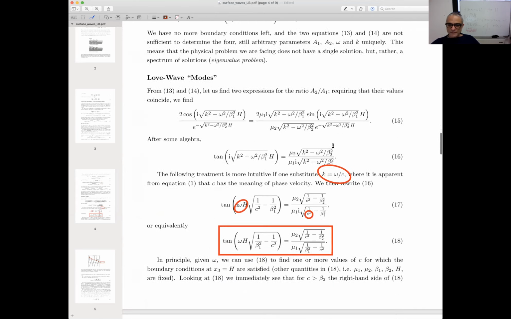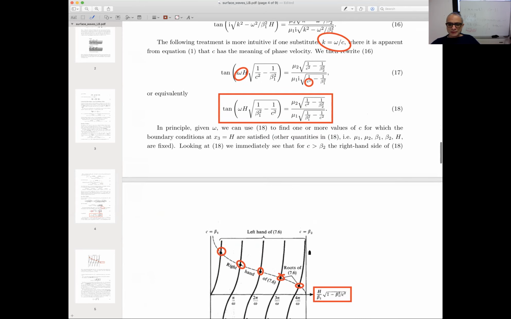So what the boundary condition is telling us, to make a long story short, and this is the one important message that you really have to take home, is that a surface wave in a given Earth model can only propagate at a discrete and even finite set of phase velocities and frequencies.